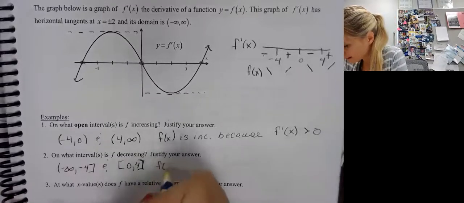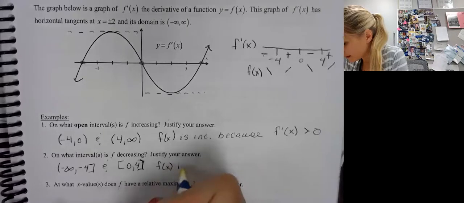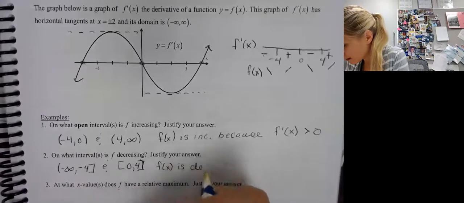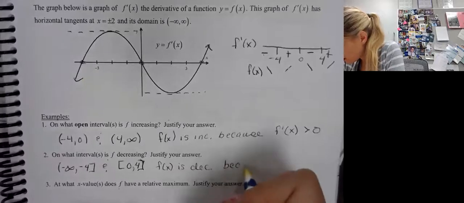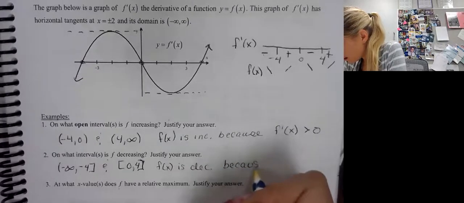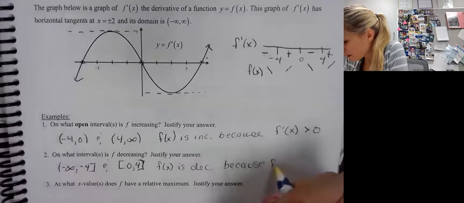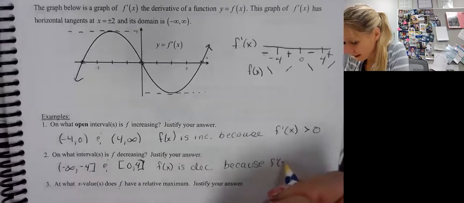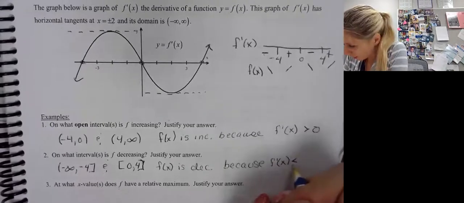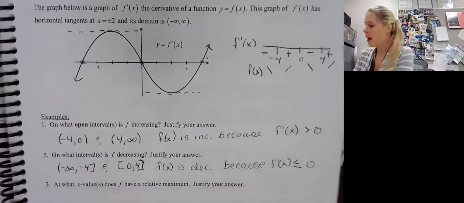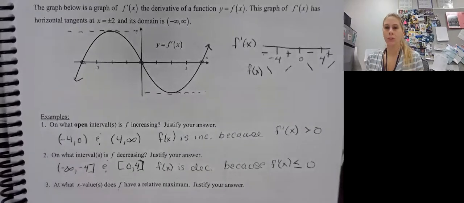F of x is decreasing because f prime of x is less than or equal to 0. Now, I knew it was equal to because we're using brackets here.